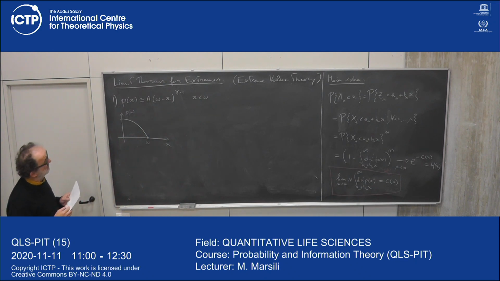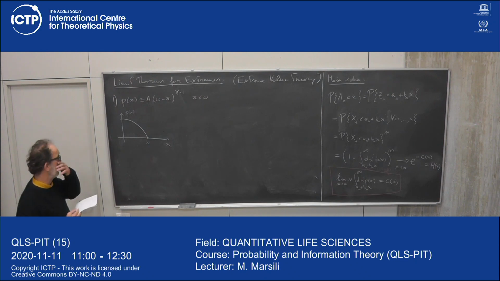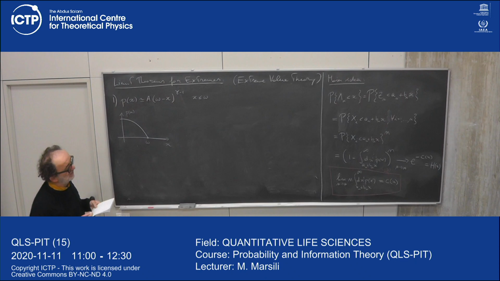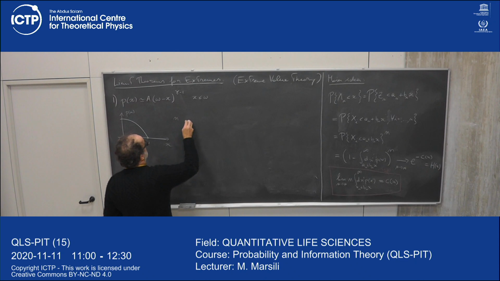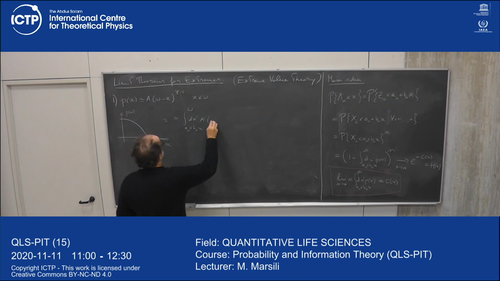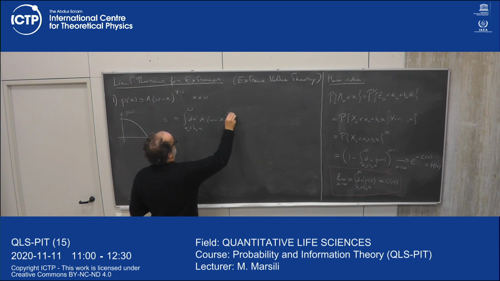And okay, so now we can look at this integral here, n times the integral from an plus bn times x. The integral now will finish at omega. This integral will be of the order of a times omega minus x to the gamma minus 1.